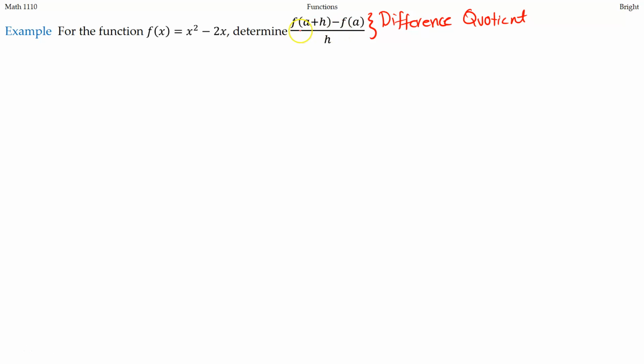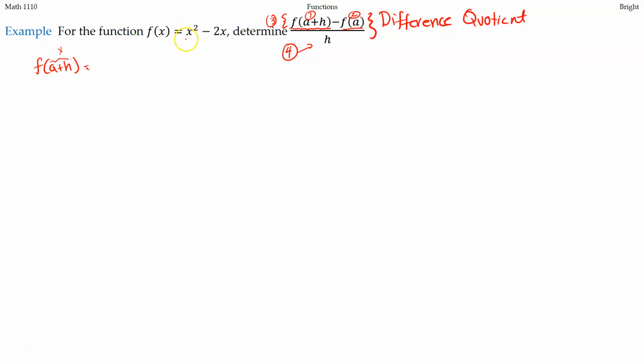So what I'm going to do is look at this piece first, this piece second, and then do the whole numerator third, and then finally introduce the denominator of h at the end. Okay, so let's look at f of a plus h. If I do this, what this means is that for every occurrence of x, okay, so again, this was x, I'm replacing that x with a plus h.